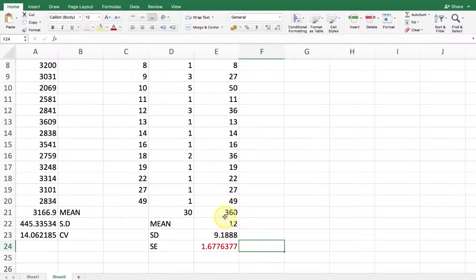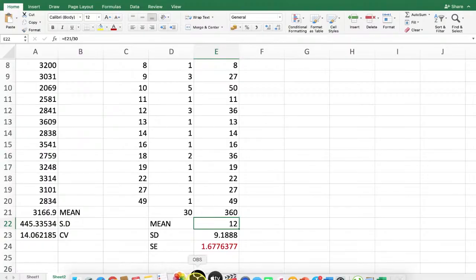Once more, how did we get the mean? Multiply every x by its frequency, take the total, and divide by n. That's the mean, which is 12. So the average length of stay of the 30 patients in the hospital is 12. And how do we compute SE?